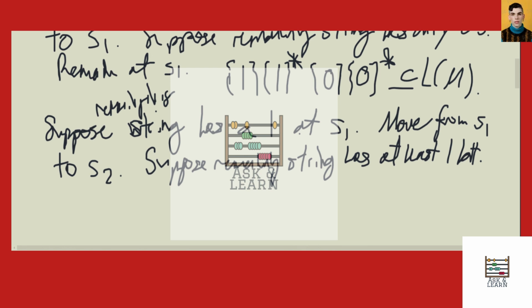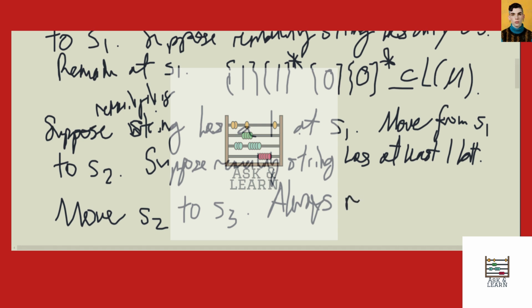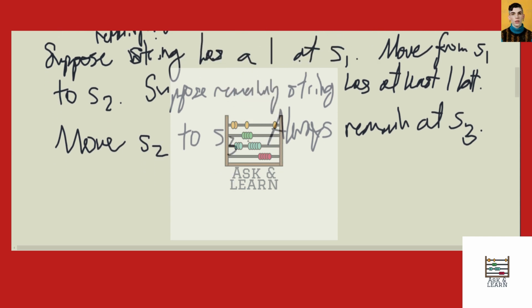Then, no matter what, we're going to be moving from S2 to S3, which is a final state. And we see that in S3, we're always going to remain at S3. So it follows that the strings ending at state S1, followed by a 1 and at least one other bit, are also in the recognized language.